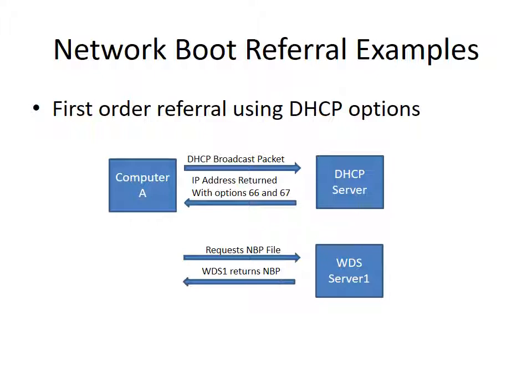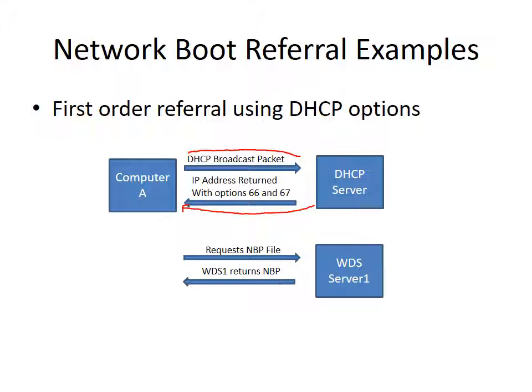So in this case, computer A comes on the network and it PXE boots and it requests DHCP information from the DHCP server. In this case, since we configured options 66 and 67, it's going to return that information to computer A, and in addition, it's going to return options 66 and 67.